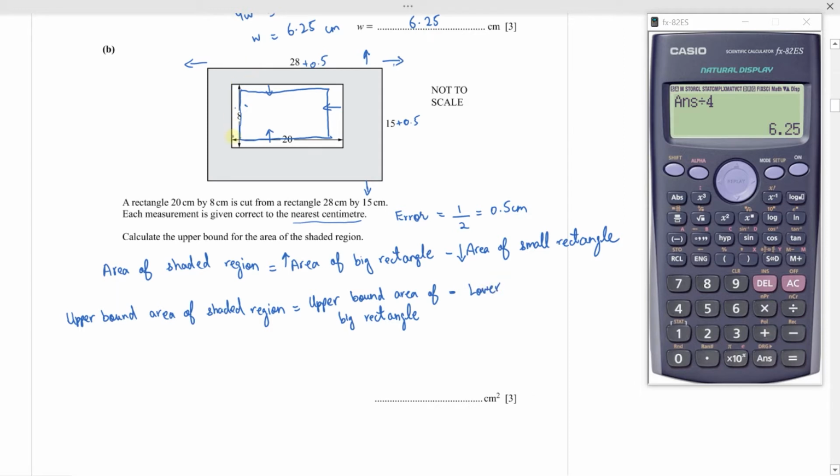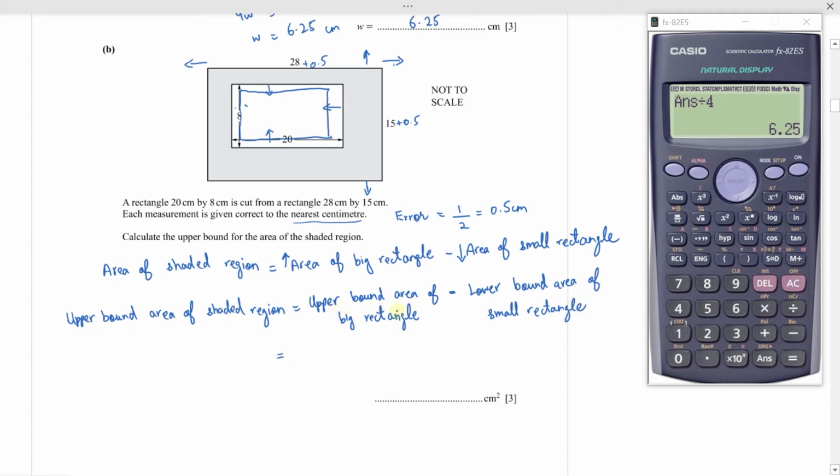I want to remove the smallest possible area so that my shaded area is large, so the lower bound area of the small rectangle. That's how I will get the upper bound for the area of the shaded region.